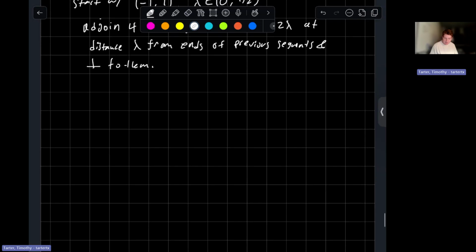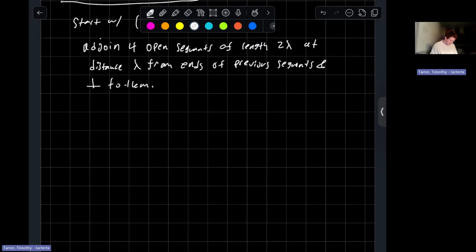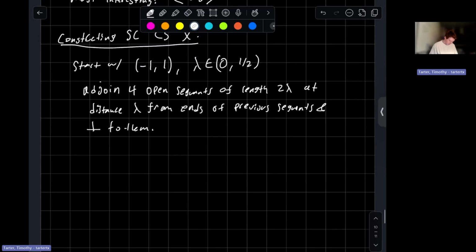For the third stage, then, this is a loop I equals 1 to n. And so this is 2 to the I.